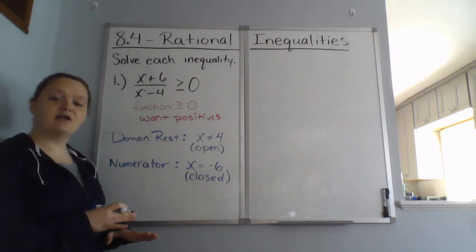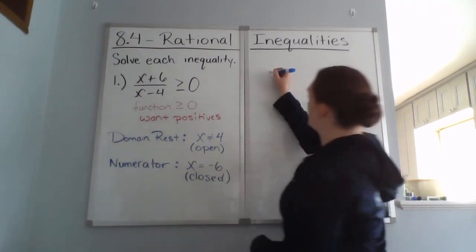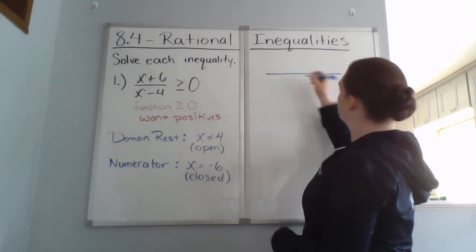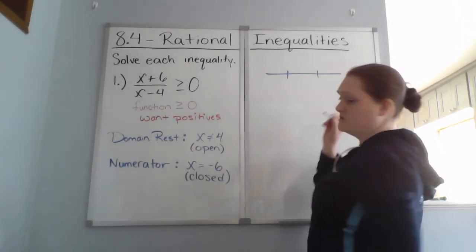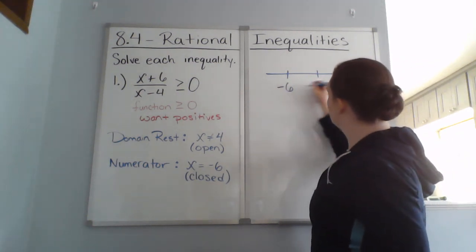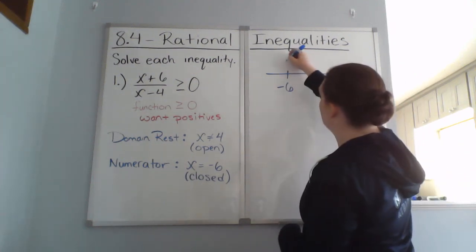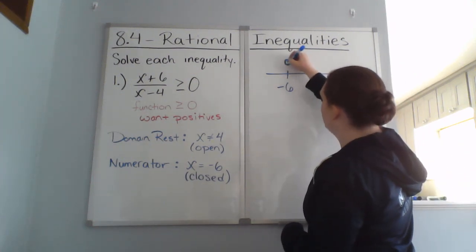All right, we are now ready to start making our number line. Over here, I'm going to draw a number line and mark my 2 x values: negative 6 and positive 4. We said that negative 6 is a closed circle. You can draw it above the number line or right on the number line.